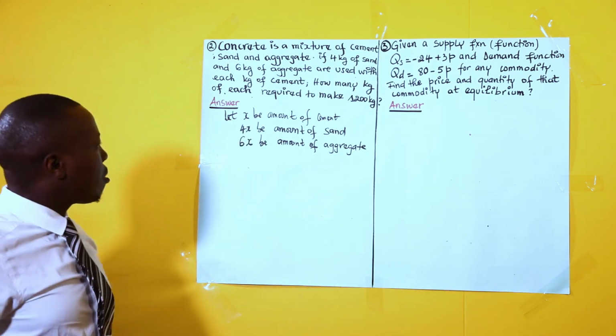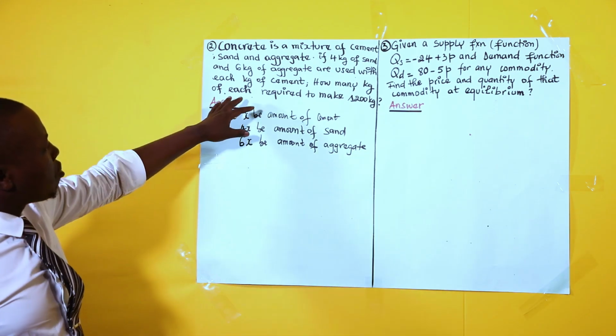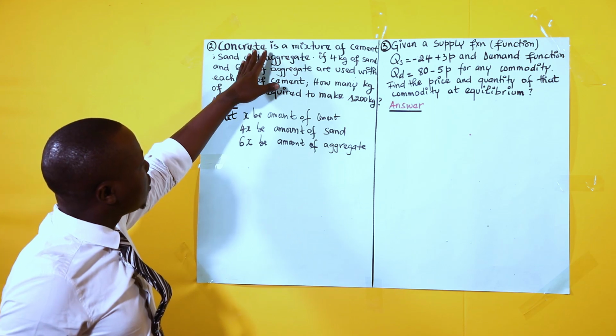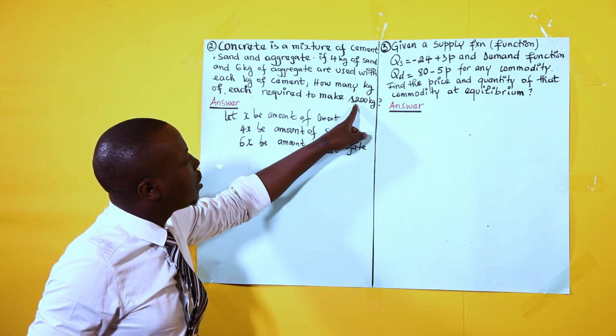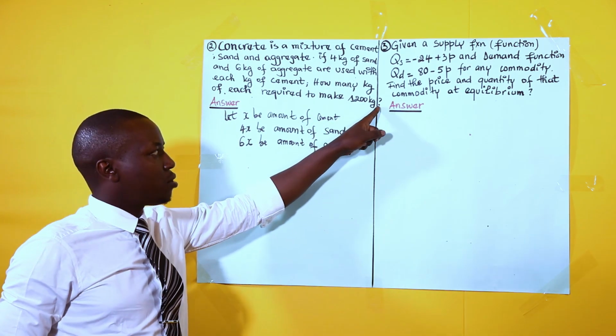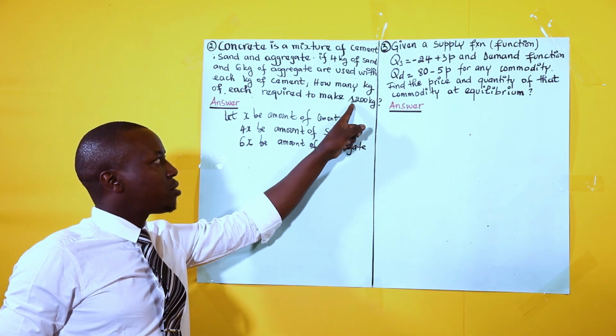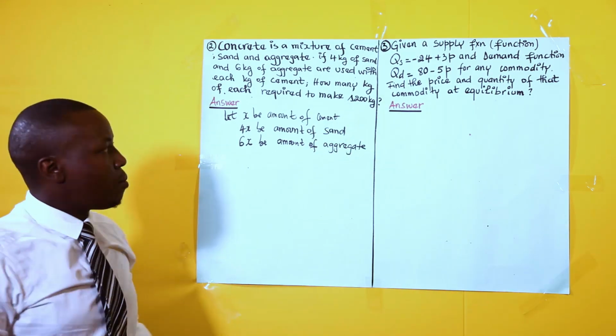Now, we want to make concrete of how many kilograms? Of 1,200 kilograms. It means 1,200 kilograms is the total amount.